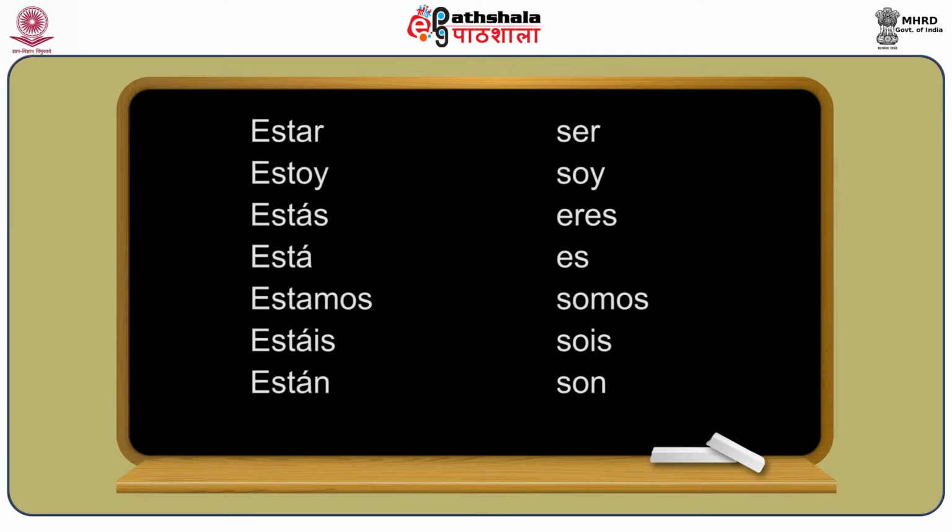So the conjugation of estar is yo estoy, tú estás, él, ella, usted está, nosotros estamos, vosotros estáis, ellos, ellas, ustedes están. And the conjugation of the verb ser is yo soy, tú eres, él, ella, usted es, nosotros somos, vosotros sois, ellos, ellas, ustedes son.